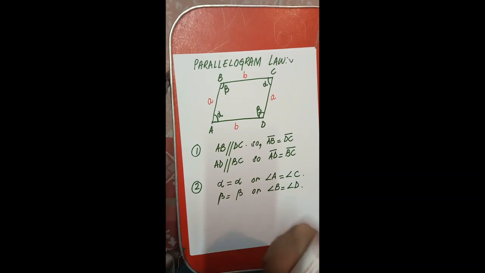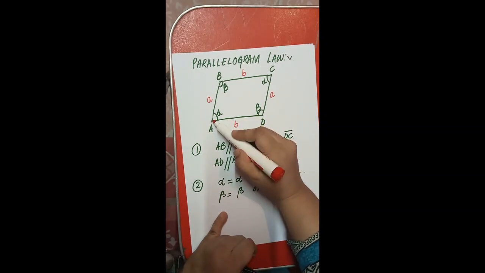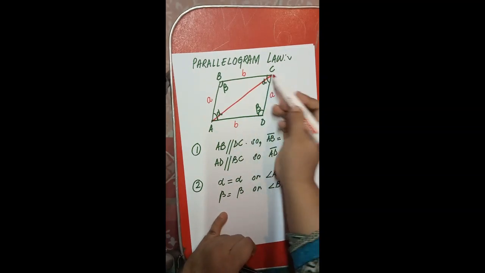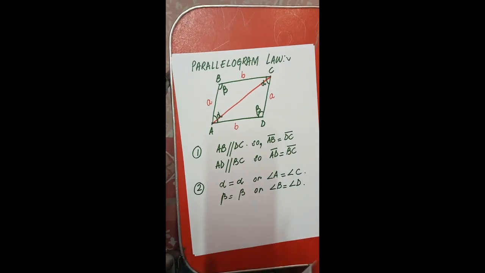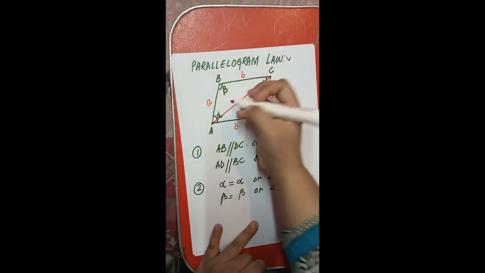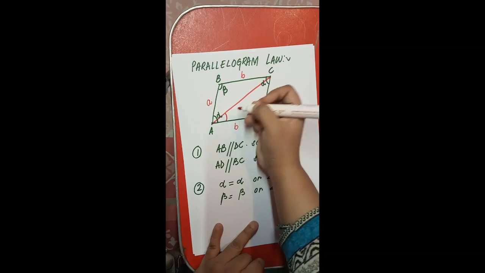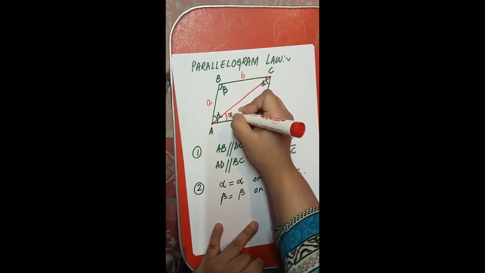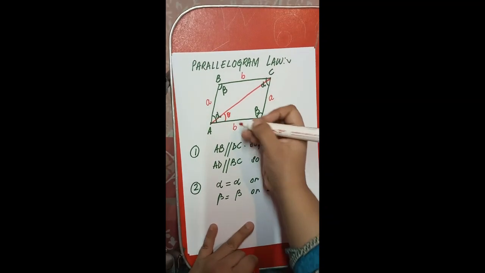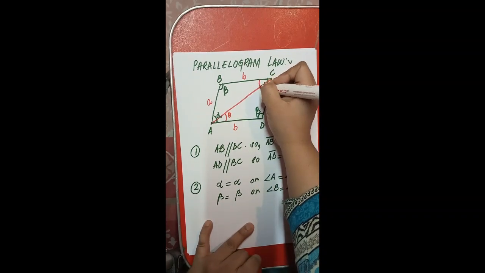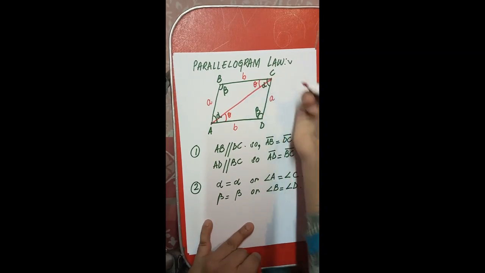If we are going to draw diagonals between A and C, now if this angle is, for example, theta, so the opposite angle should be theta.